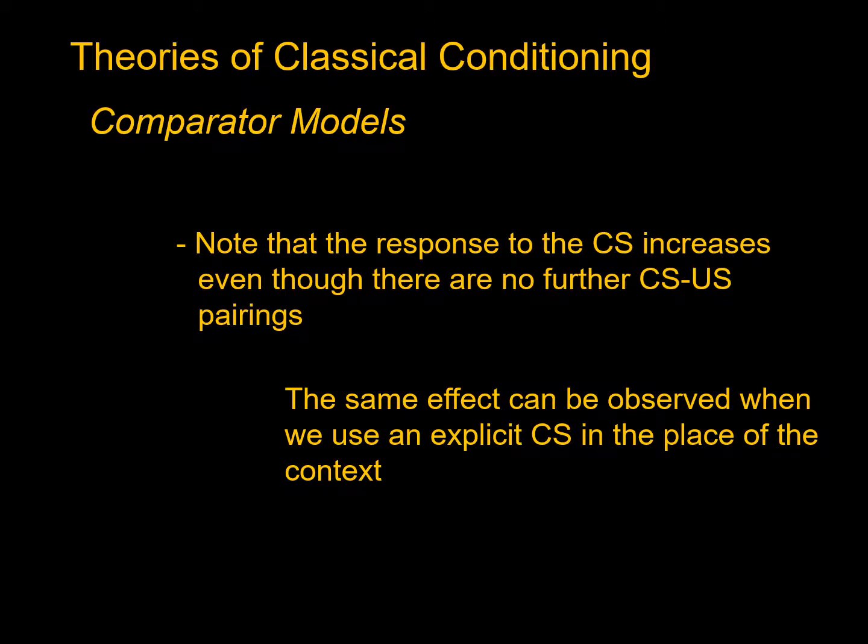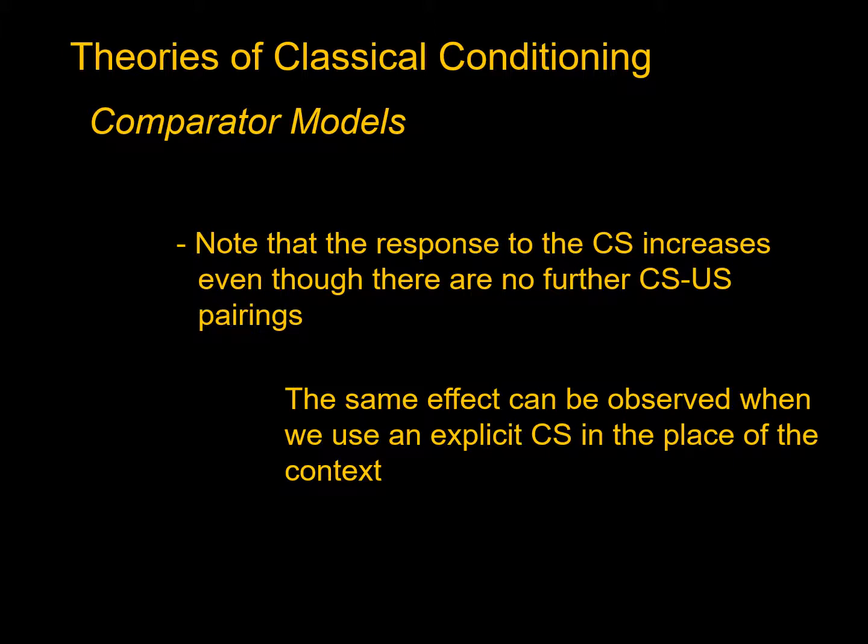Now, experimentally, it's a little bit easier to keep things straightforward if we use, instead of just relying on the context, which, as has come up, can be a pretty complex stimulus, an explicit, fairly discrete CS in the place of that context.